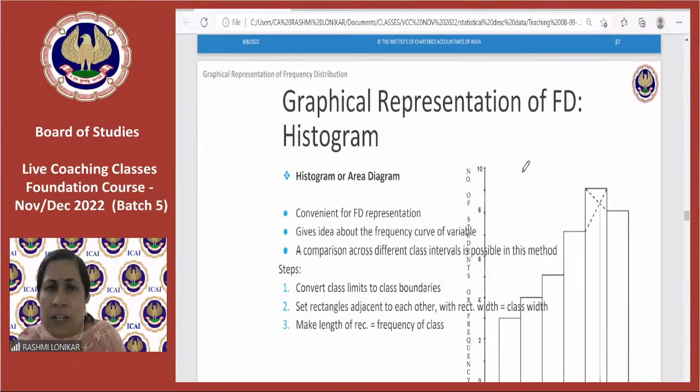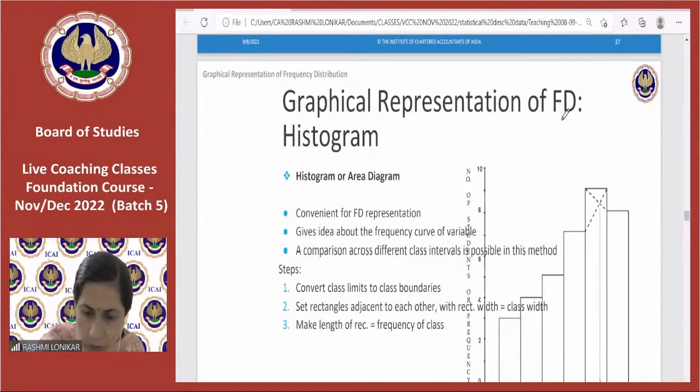Histogram is a very simple way in which you can put your information in a graphical form. It will give you an idea of the frequency curve of the variable. Here we make columns of equal widths and then we represent it. We are able to compare across class intervals, and the largest frequency bar gives me information about the mode of the class.